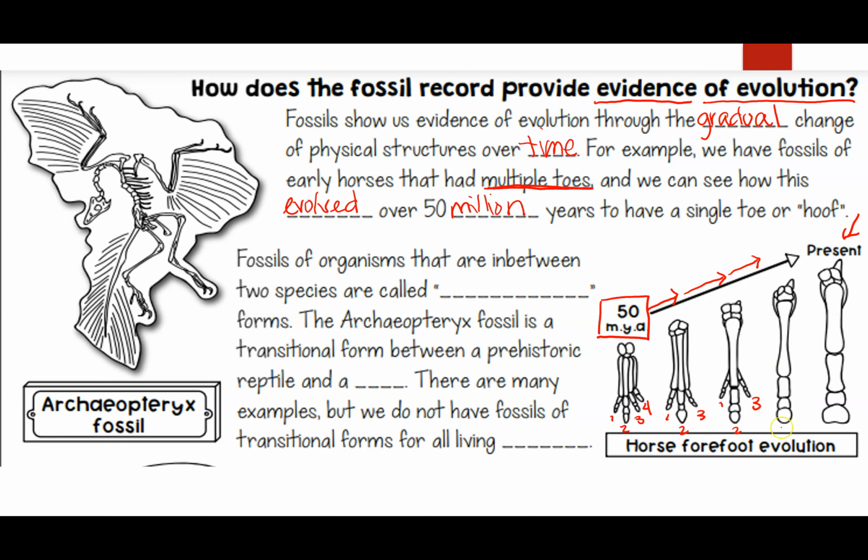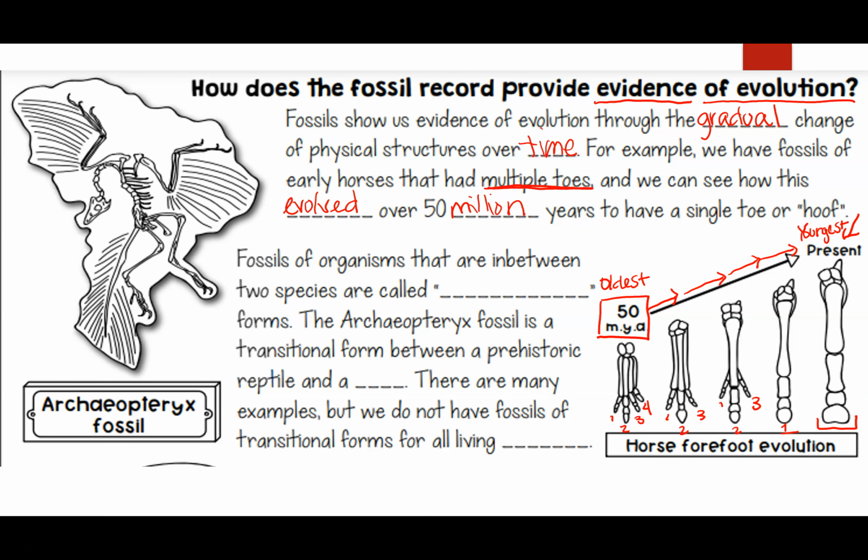We don't need those anymore, and we just have 1 in the middle. And then in present day, this is our horse, and it has a large hoof to support that large leg and the large body. Okay, so I want you to note these are oldest and these are youngest.